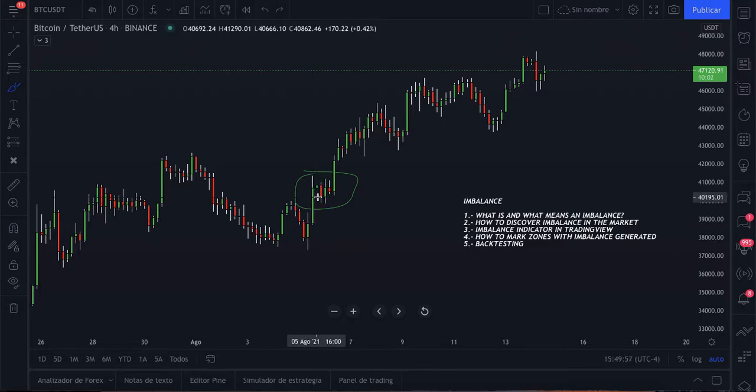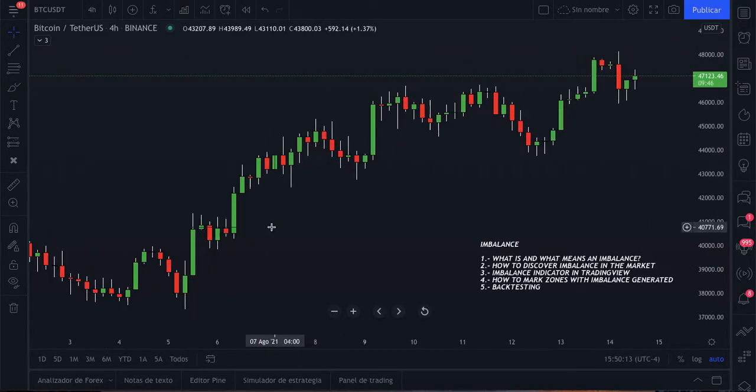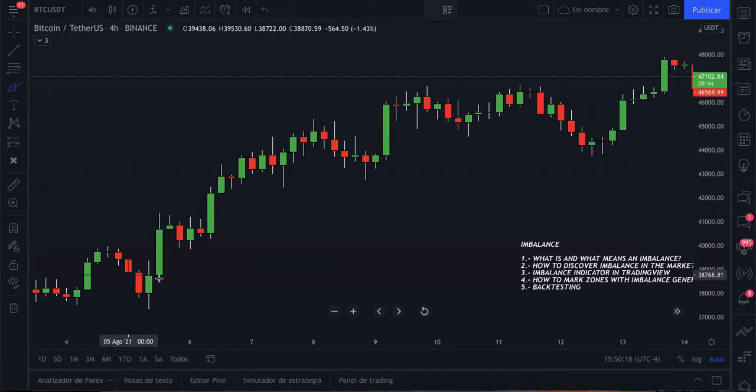An efficient market. And then we have this strong candlestick, and then we have another one which is also a green candlestick. So what happened in this situation? This means that buyers have control of the market significantly more than sellers. That's an imbalance in the market.